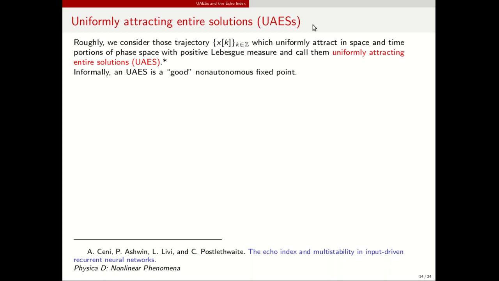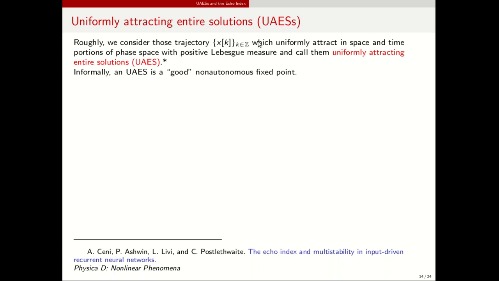Basically, we consider those trajectories defined forward in time and also backward in time, which are usually called entire solutions, and I will call from now on these trajectories, which are left infinite and right infinite, entire solutions.